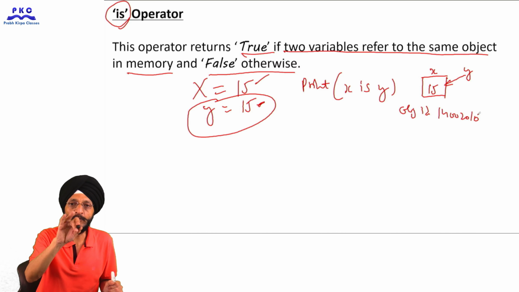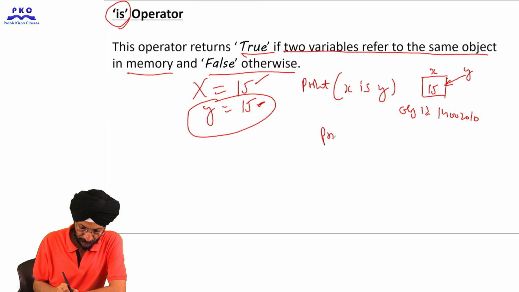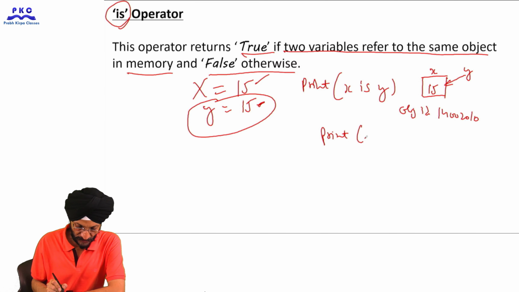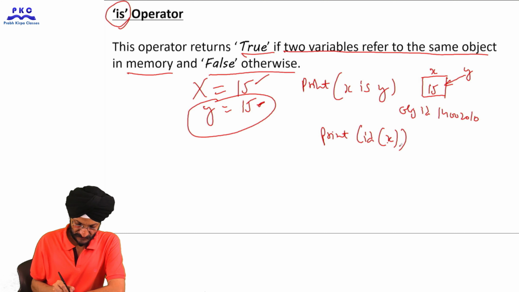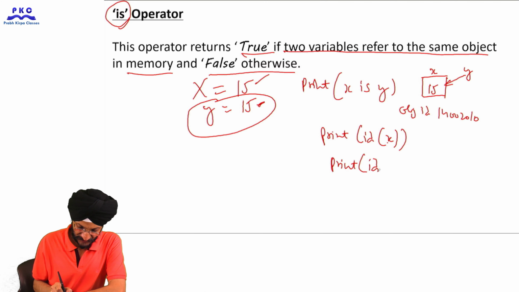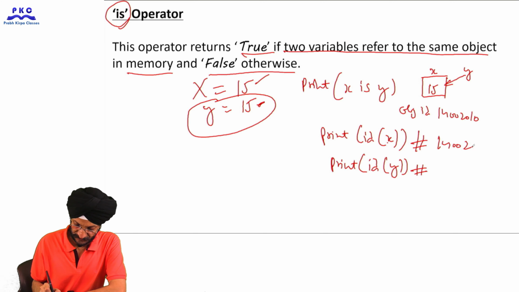We can find out the object ID with the help of giving command print id x and also print id y. When we find the output, it will be something like this.